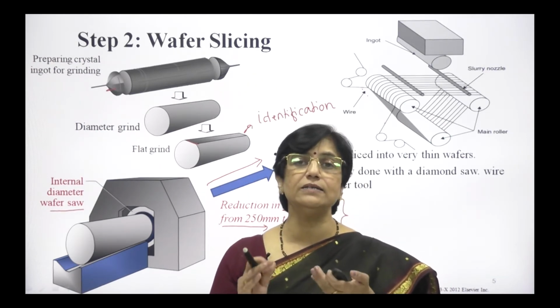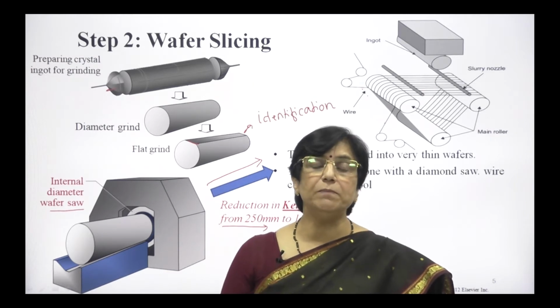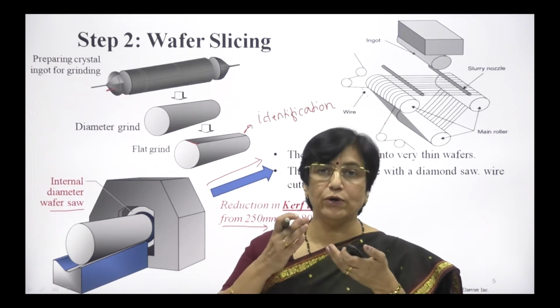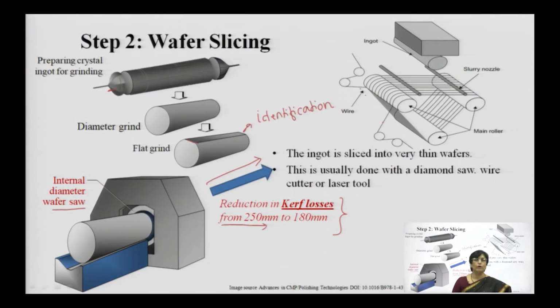That means a 30 centimeter diameter ingot can be cut at a time, and multiple such ingots can be placed onto the cutting tool, and that is how the efficiency of the overall cutting or slicing process is increased. This is the latest technology being used for large scale manufacturing when the demand for silicon wafers is increasing day by day.